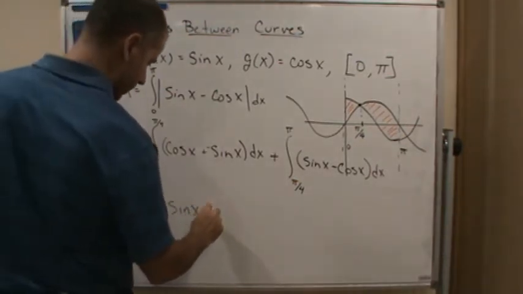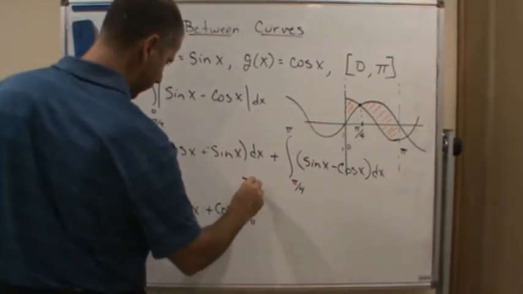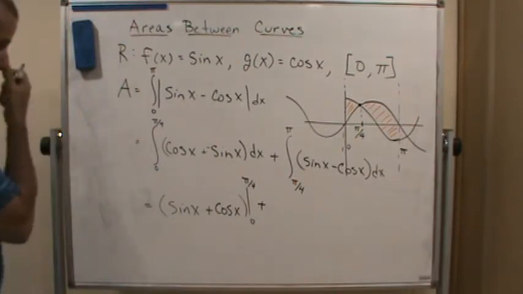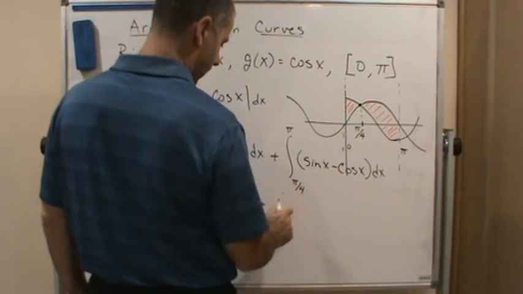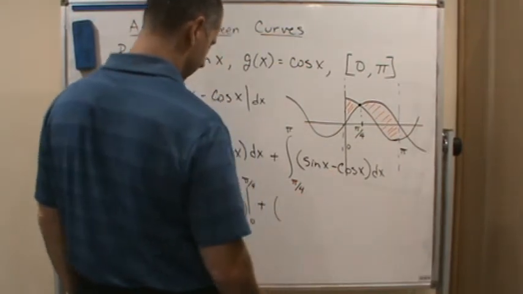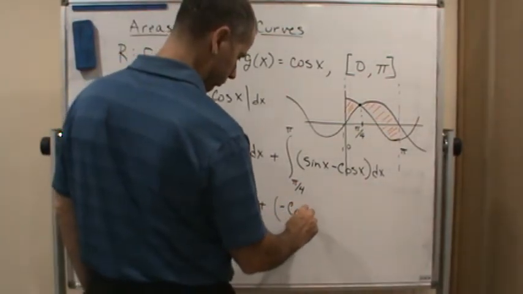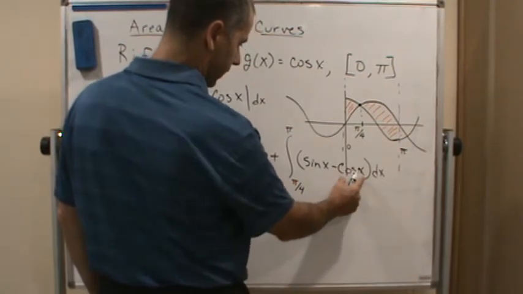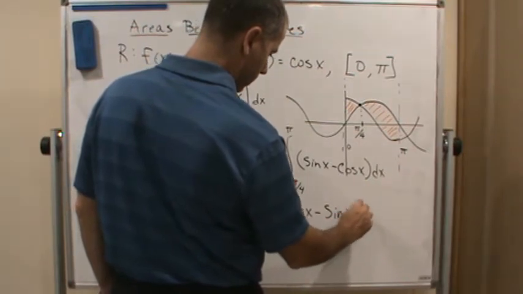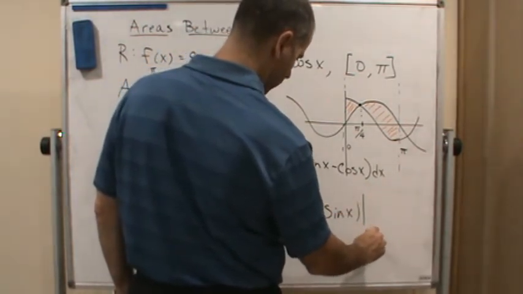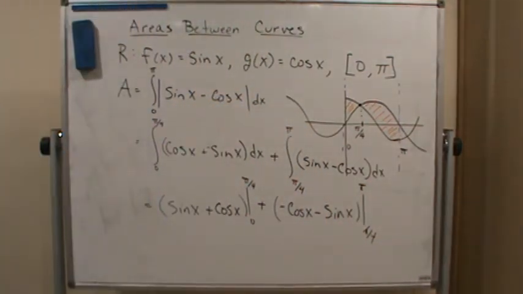So this gives us sine x plus cosine x evaluated from 0 to pi over 4, plus, and we do the same thing here: the integral of sine x gives negative cosine x, and the integral of cosine x is minus sine x, from pi over 4 to pi.